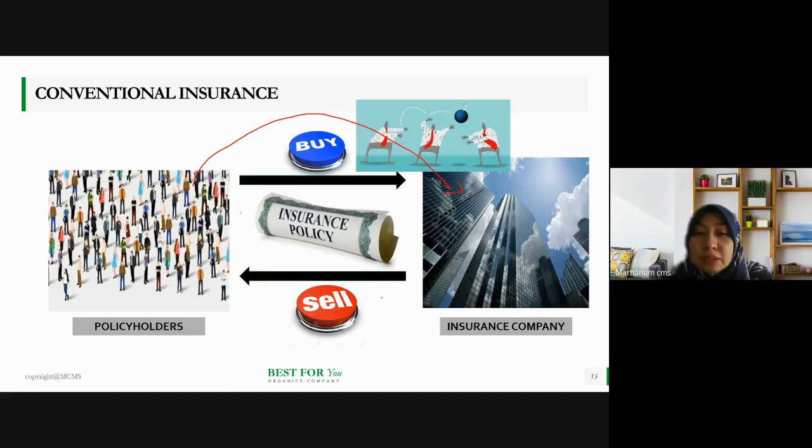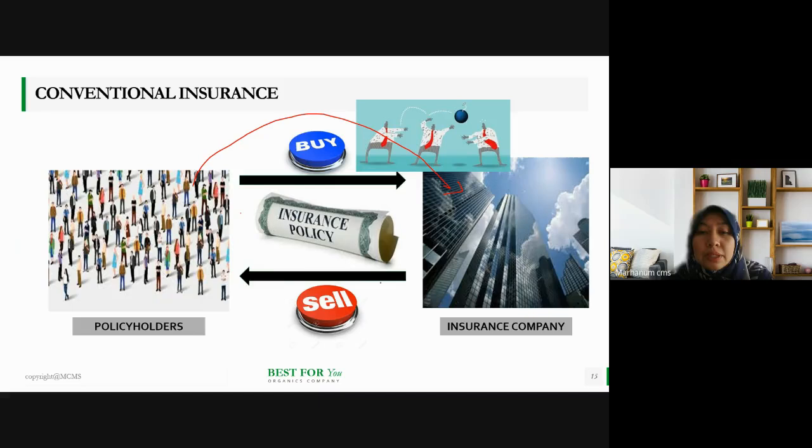If anything happens, let's say they die, then who will win? Their family members, isn't it? Because the family members will get the protections, the death benefits. Who will lose? The insurance company, because it will have to pay the protections to the policyholder.